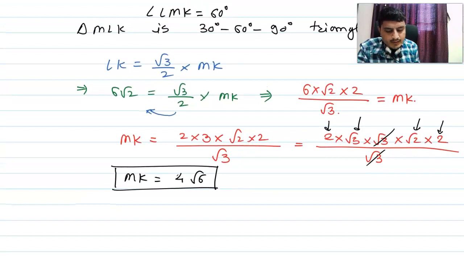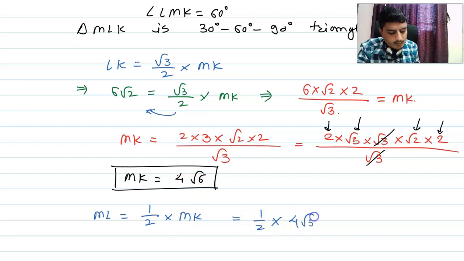The opposite side of the 30 degree angle, which is ML, equals half of the hypotenuse, that is MK. So 1 by 2 into the value of MK, which is 4 times root 6. Now 2 1s are 2, 2 2s are 4, so the value of ML we get is 2 times root 6.